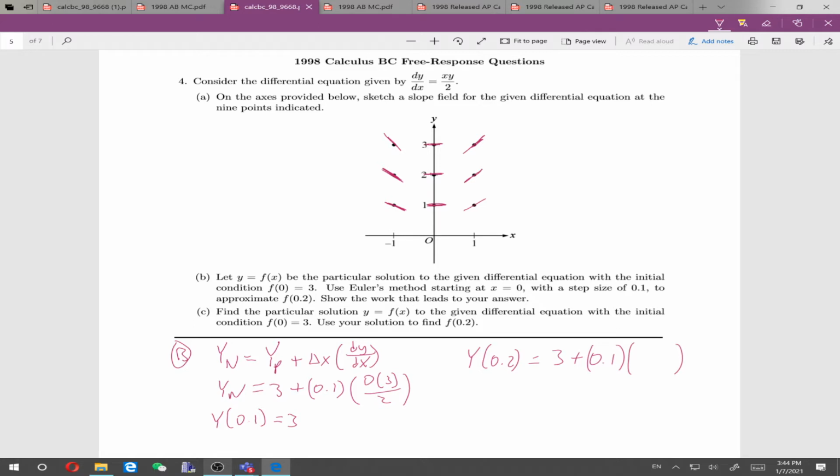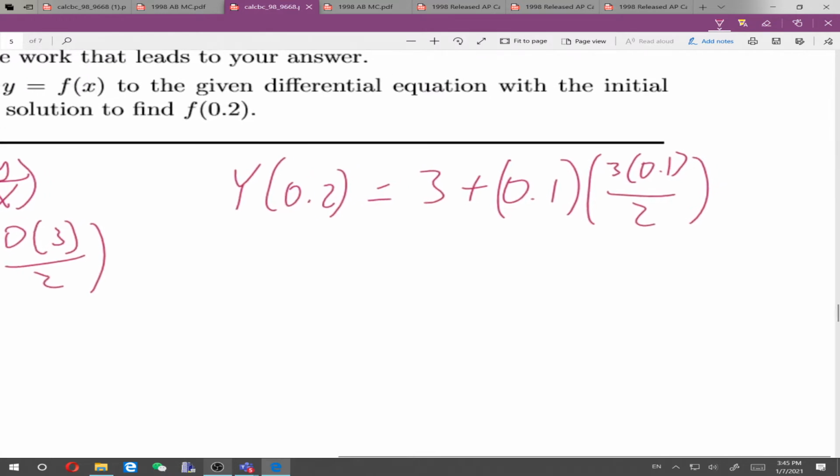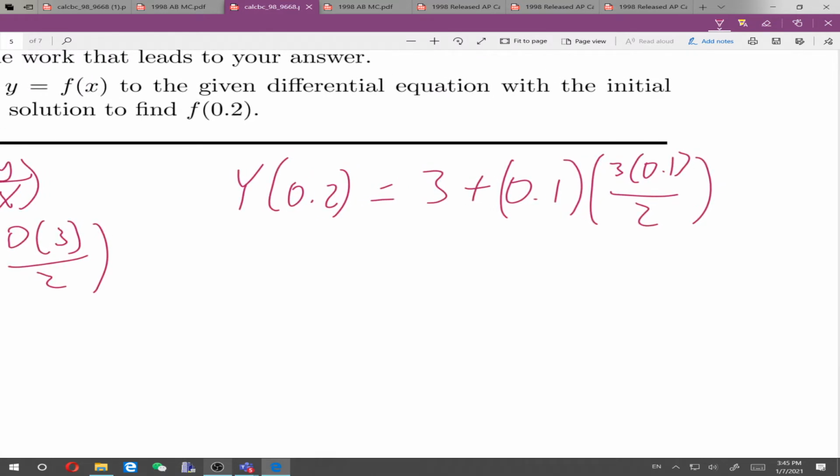My change in x from 0.1 to 0.2 is 0.1, and then I need my dy over dx. 3 times 0.1 over 2. Looks good. So this is 0.1 times 0.15, which is 3 over 200 after I multiply this out. And this is y at 0.2 equals 3 plus 3 over 200.